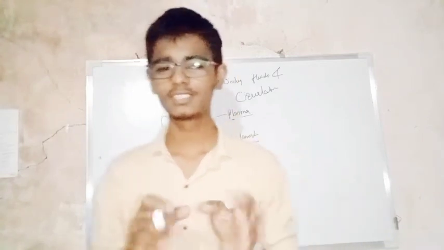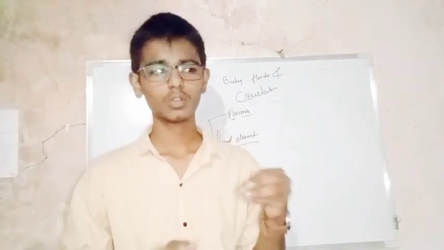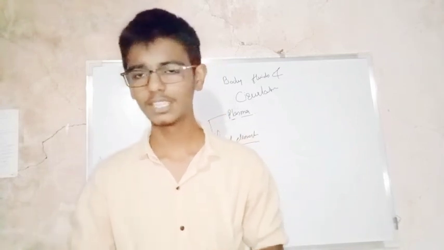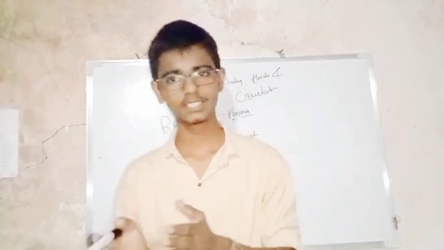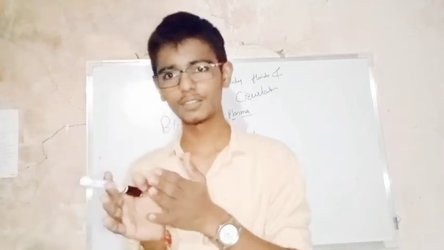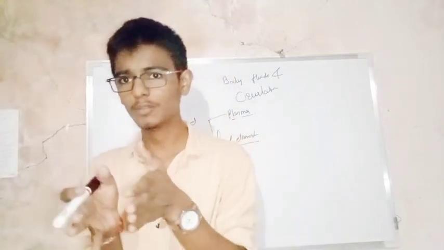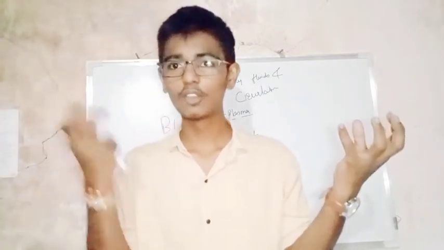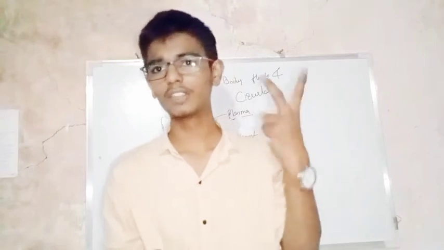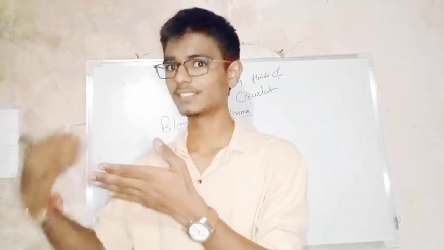These are about 6,000 to 8,000 per cubic millimeter. They are nucleated, and hemoglobin is absent in them, so they do not possess any color and are colorless, or we can say white. WBCs are classified into two parts, granulocytes and agranulocytes. Granulocytes constitute neutrophils, eosinophils, and basophils, and agranulocytes constitute lymphocytes and monocytes.